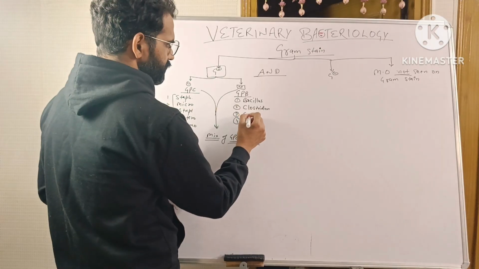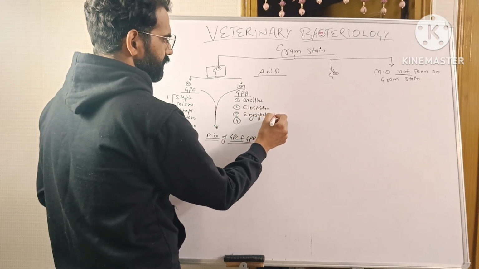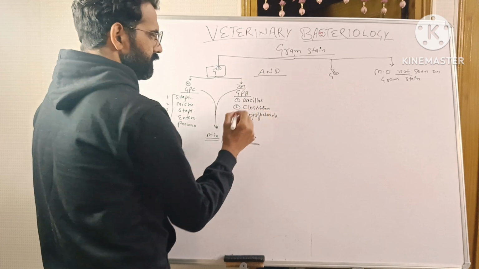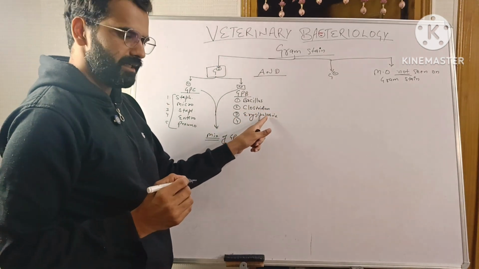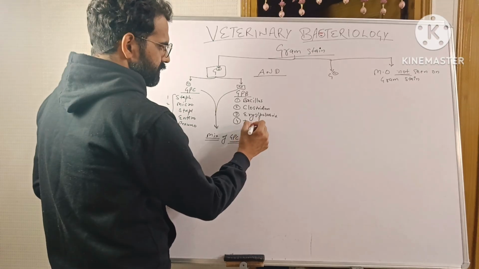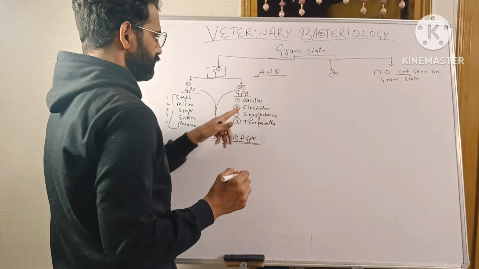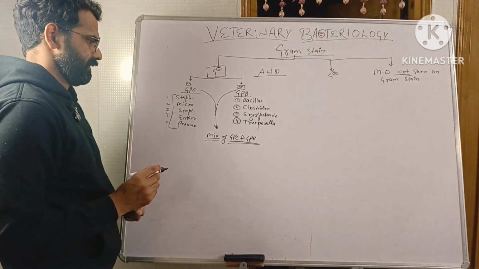Without spores, Erysipelothrix does not produce any spore, and number 4 is Trueperella. So we have 4 gram positive bacilli.